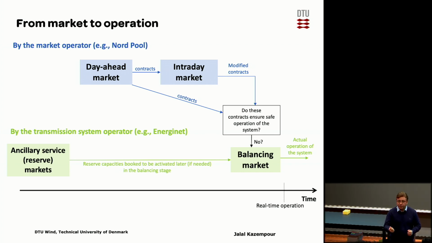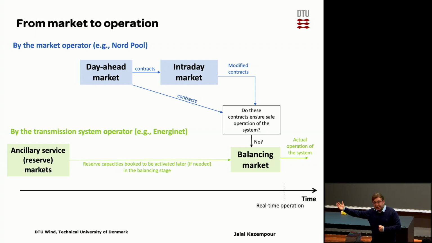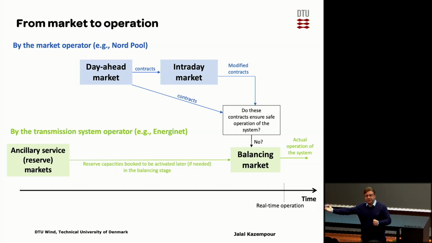How to take care of that? TSO takes care of that in the balancing market. So there is a market to find another resource to produce extra 2 megawatt. And this balancing market pays the one who provides balancing services, 2 megawatt, and penalizes the wind farm for causing 2 megawatt imbalance. Is it clear?